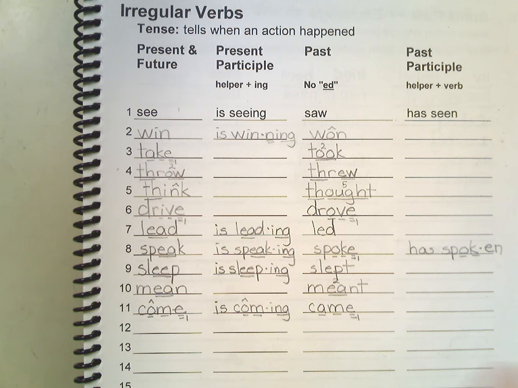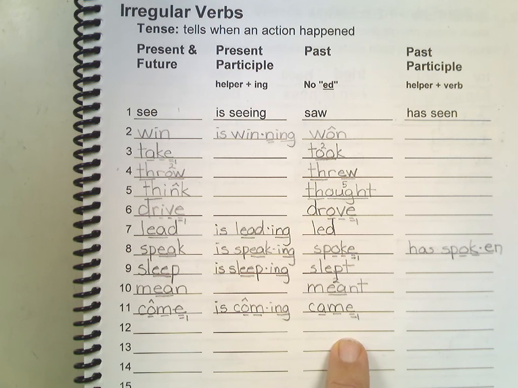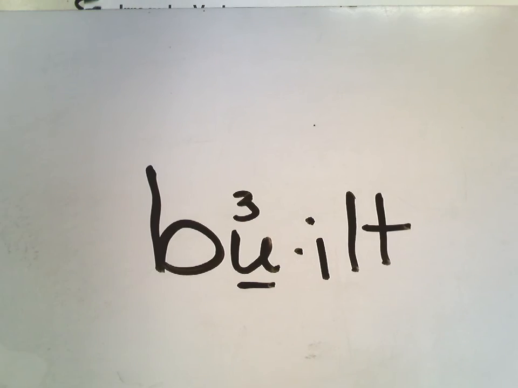So the past tense third column, go ahead and write and mark boo-ilt. Again, if you're not sure, do it on your practice paper first. Let's check. Good, boo-ilt.